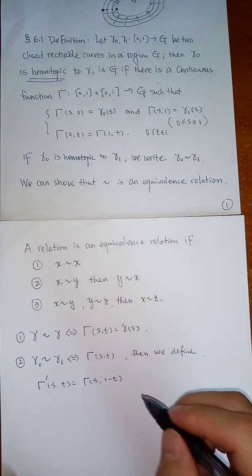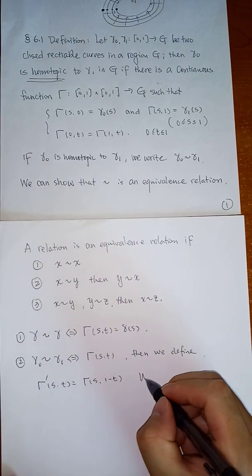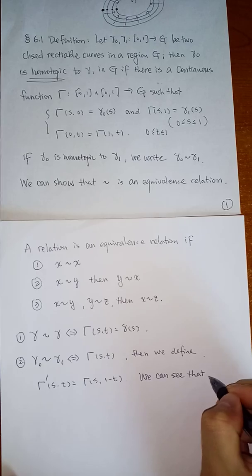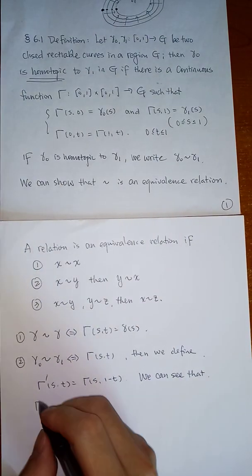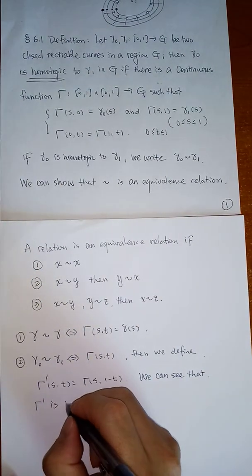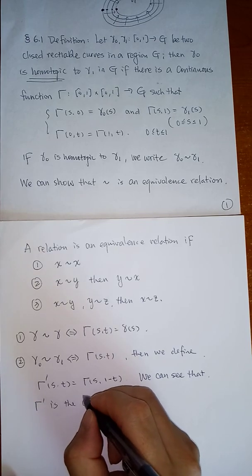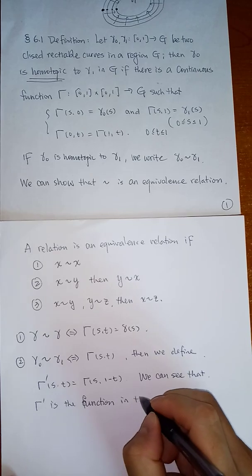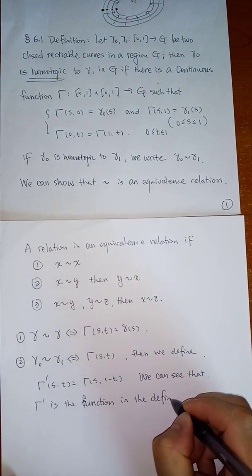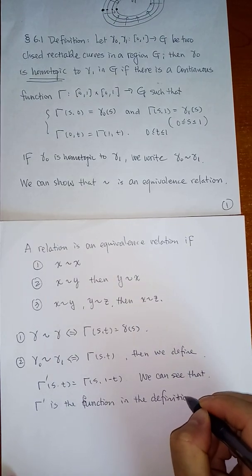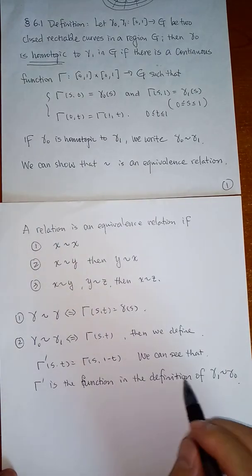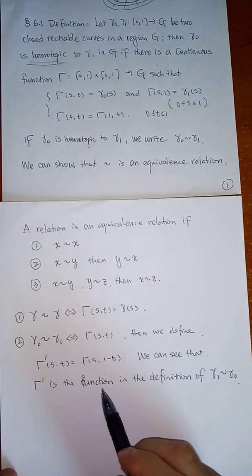Then we can see that Gamma prime is the function in the definition of gamma 1 being homotopic to gamma 0. So you just verify those two properties.